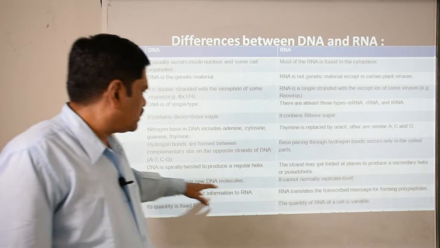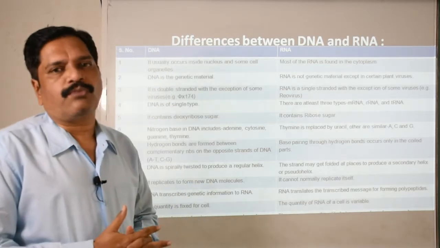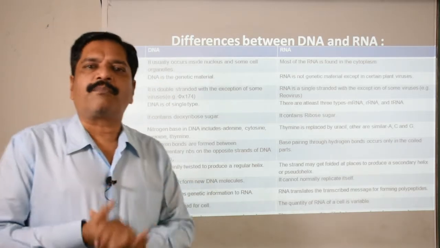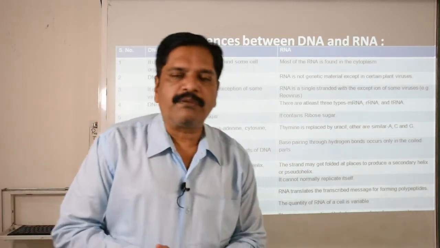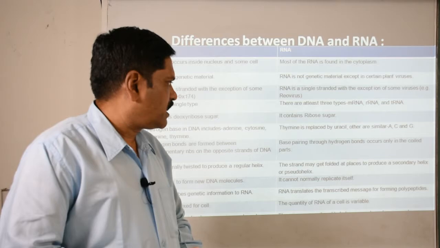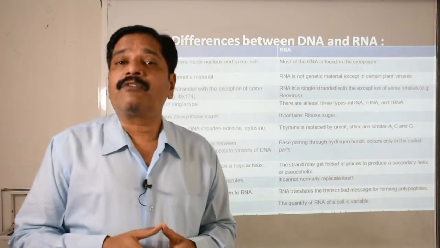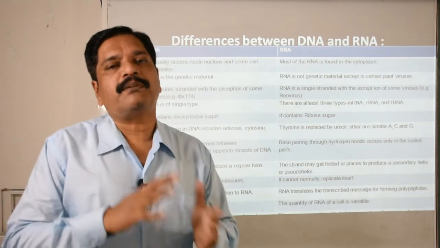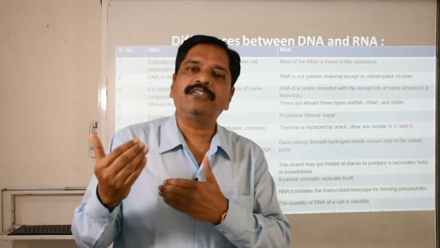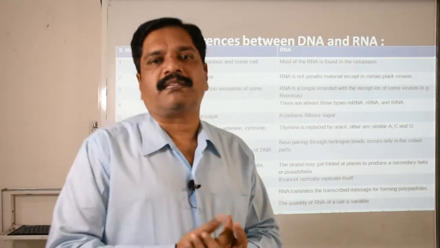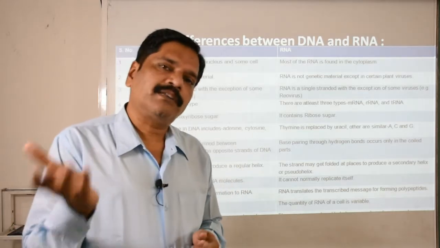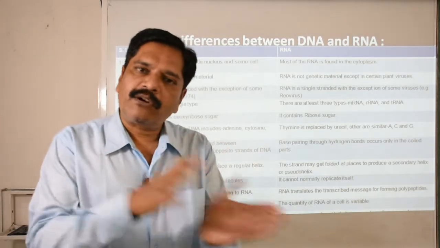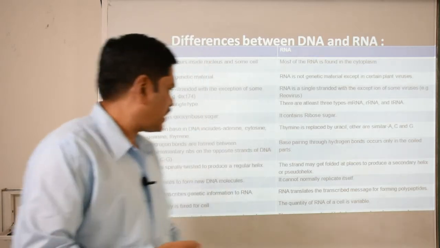Now, DNA can replicate its own molecule. Exact copies of DNA can be produced, while RNA cannot form its copies. And if RNA wants to replicate itself, then surely it needs to perform reverse transcription. That means the RNA molecule will first form the DNA and then later on DNA will form the RNA, right?